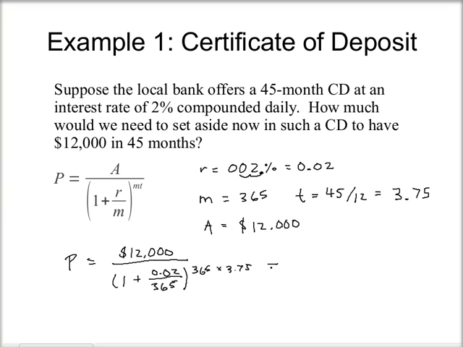If I put that all into my calculator, I need to start out with $11,132.79 in my CD at the beginning if I want to have $12,000 at the end.